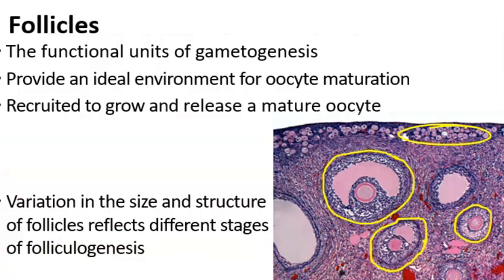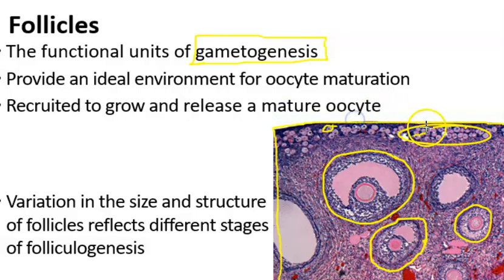All right, let's talk about follicles first, because they really are the functional units of gametogenesis, which is our topic to begin with. I've got many of them circled in this histological picture of an ovary. At the very periphery, you can see that they're super small.